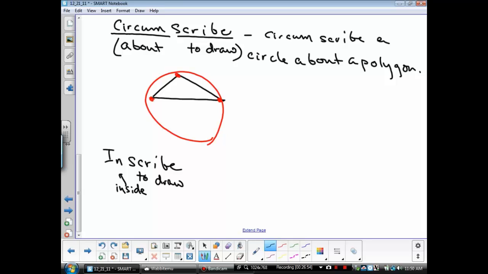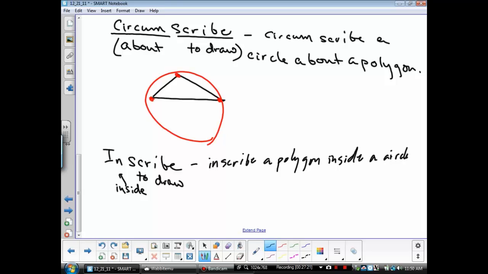If you're going to inscribe a polygon in a circle, inscribe a polygon inside a circle. So what is that? That means that you're going to draw a polygon inside the circle.